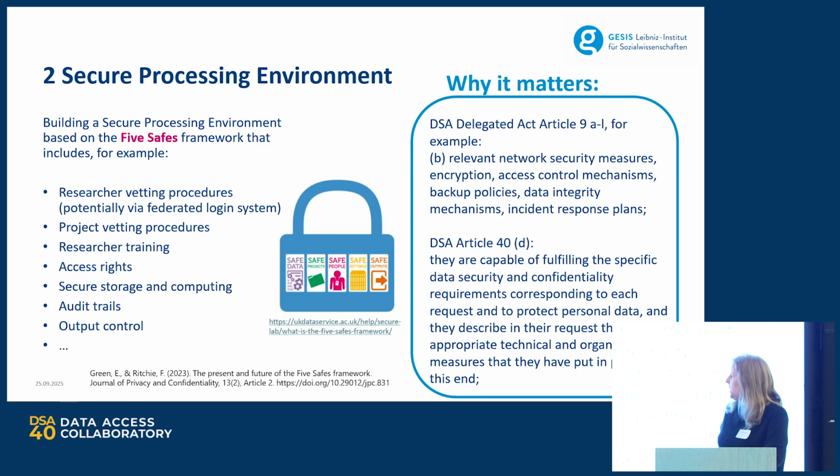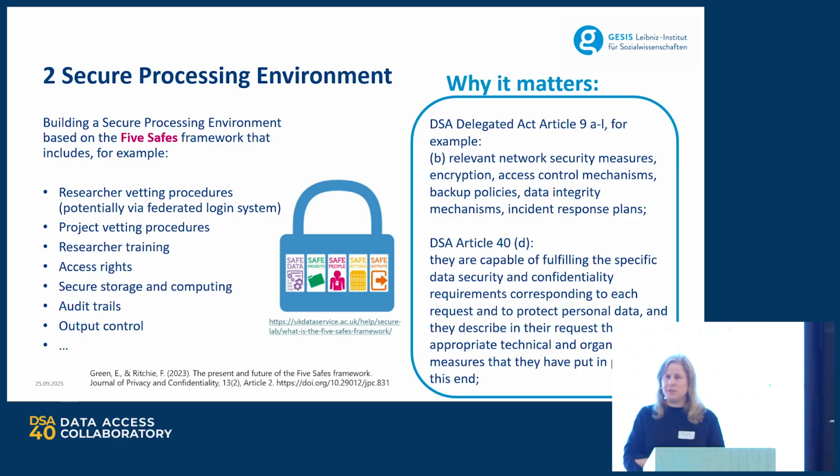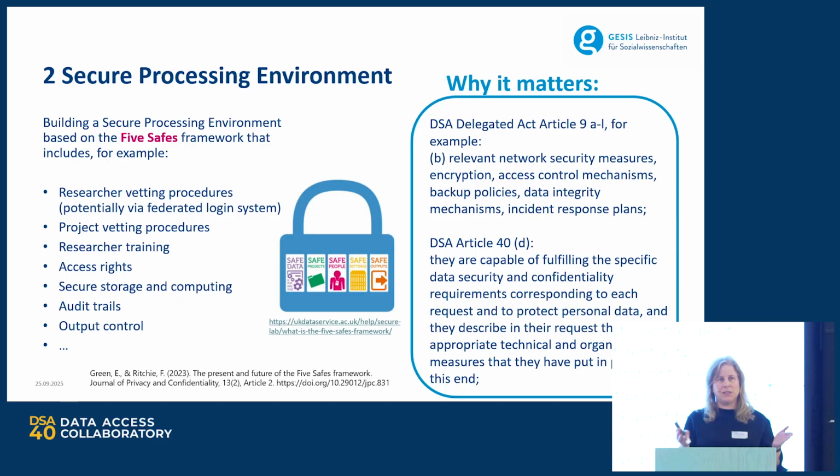And this includes, again, an area where we can rely on principles that exist. I'm specifically pointing out the 5 SAFEs principles here, and you can read this paper for a general introduction, or look at some websites for what this means. It basically includes different layers of safeguards that we can establish on the people side, on the data side, on the infrastructure side, that together make a safe context.